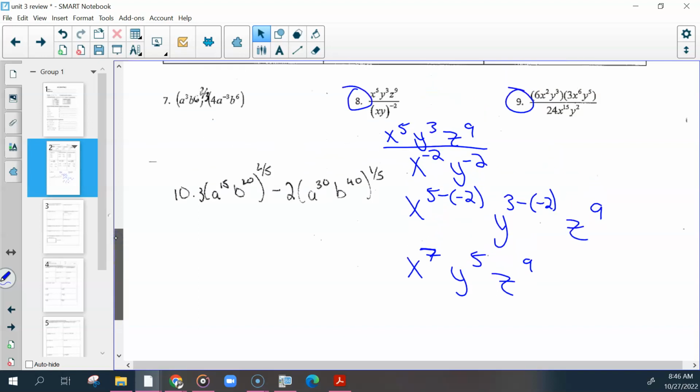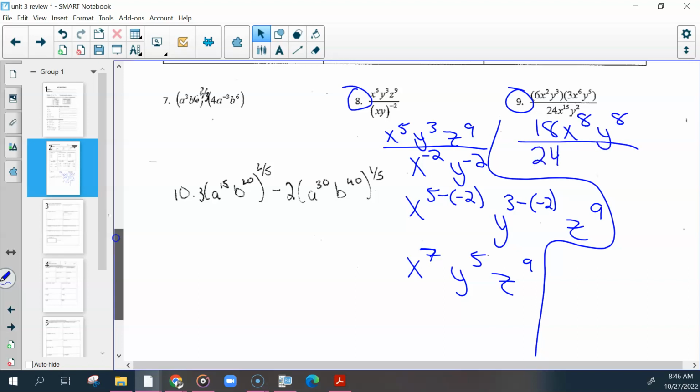Six is similar to the one you guys saw on your quiz. Multiply your numerator. So we have 18. Add your exponents. X to the 8th, y to the 8th. Actually divide the numbers. Simplify it.